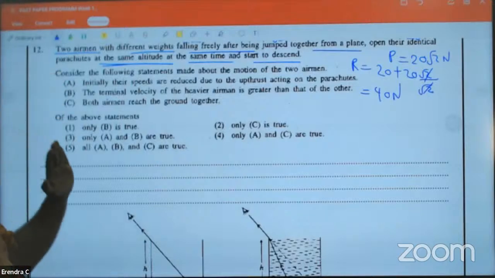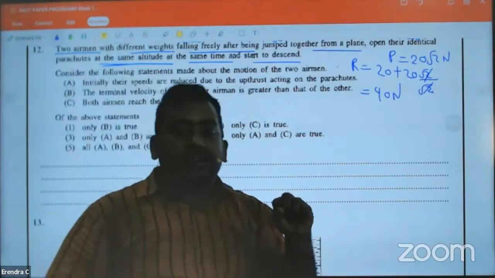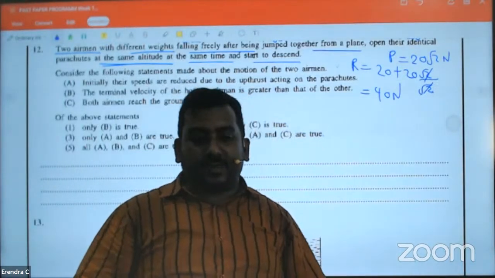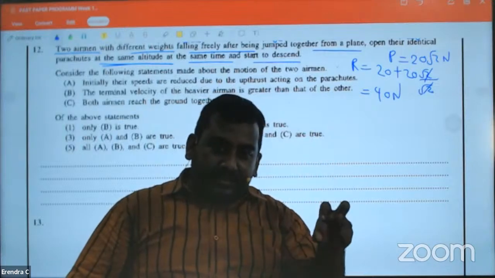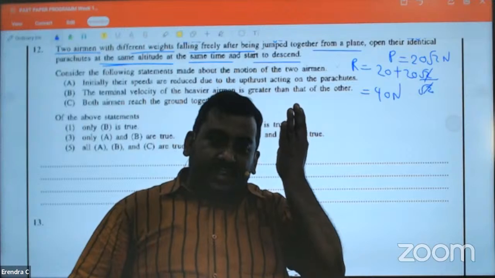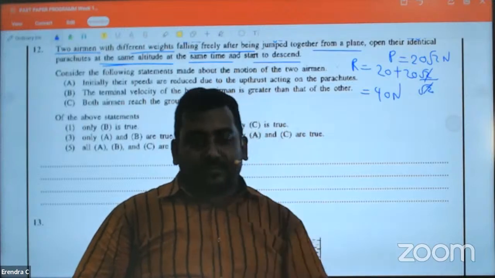Whenever a question like this is met, remember, air resistance also you must think. Air resistance means when he is falling down, air resistance is acting in the upward direction.